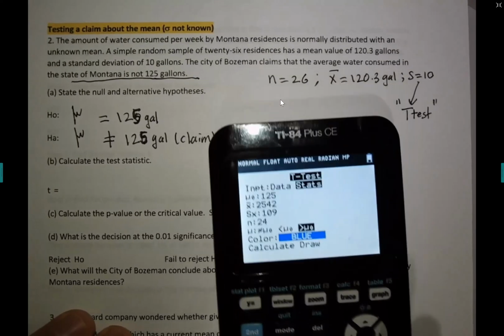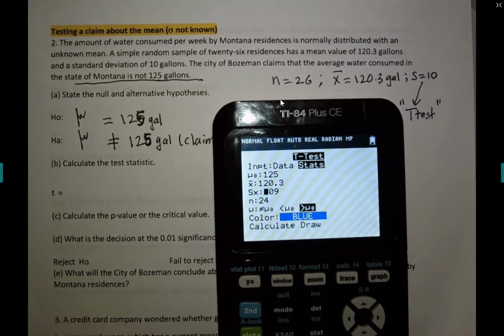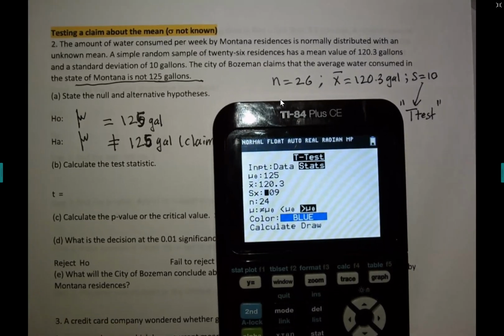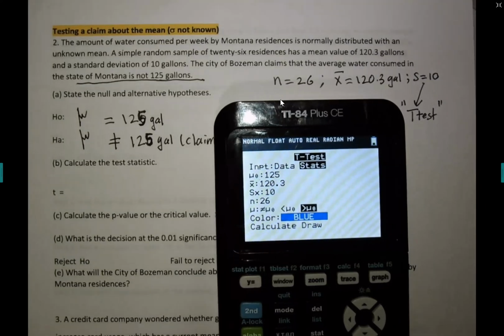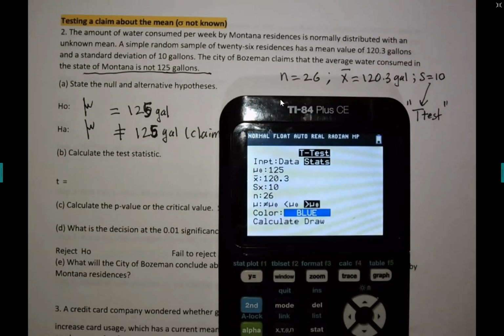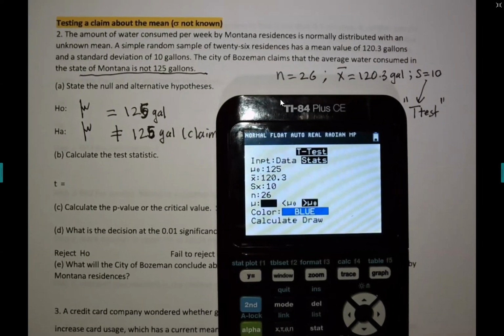X bar, 120.3. S, 10. N, 26. And what do I select before I hit calculate? The alternative sign, guys. The alternative sign is not equal to, so you select that.